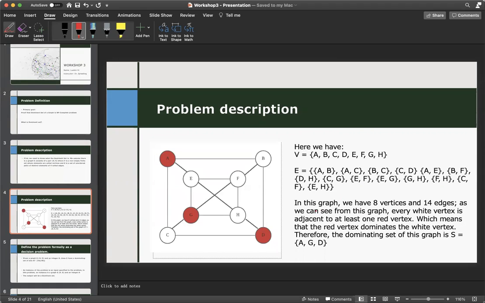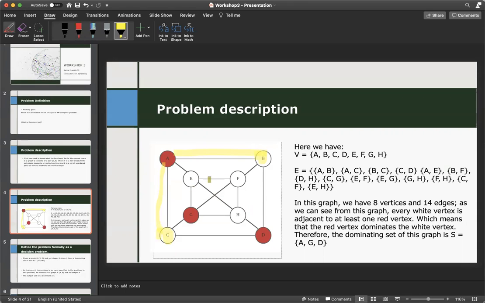As you can see from this graph, every white vertex is adjacent to at least one red vertex, which means that the red vertex dominates the white vertex. To make this clear, you can see the vertex B right here, change the color. The vertex B and the vertex C are adjacent to vertex A, right?